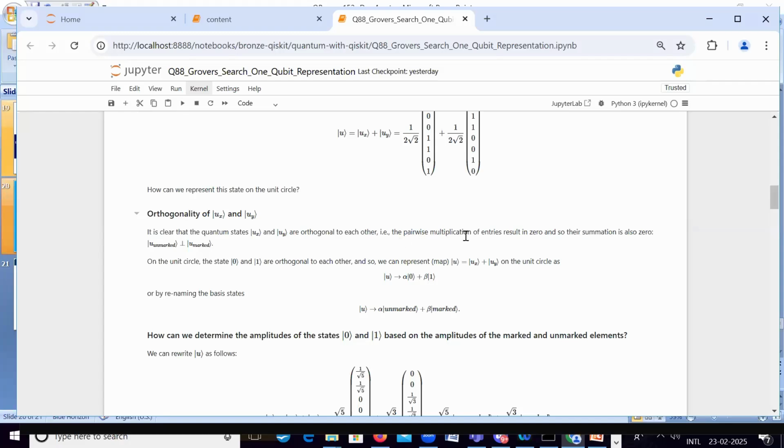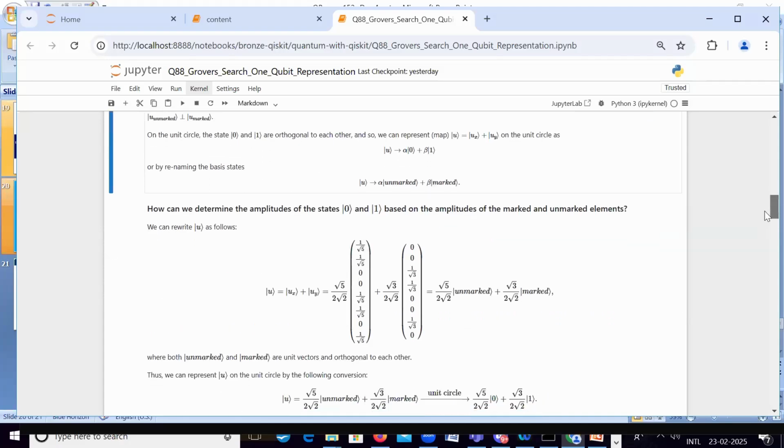The pairwise multiplication of entries results in 0, so that their summation is also 0. So this is the condition to be satisfied when we do the pairwise multiplication to check the orthogonality of any two states here. The first one is ux, another one is uy here.